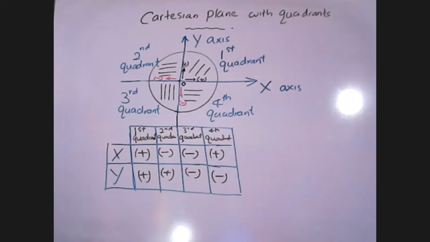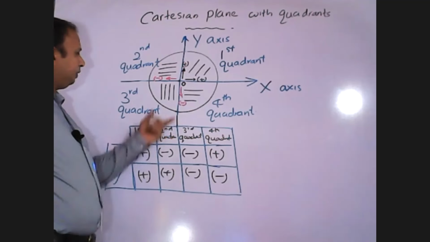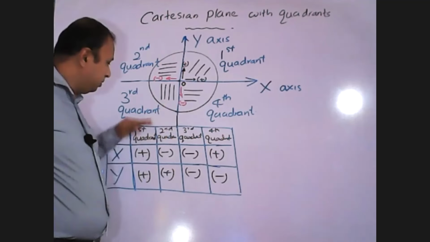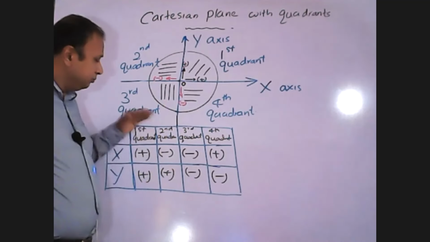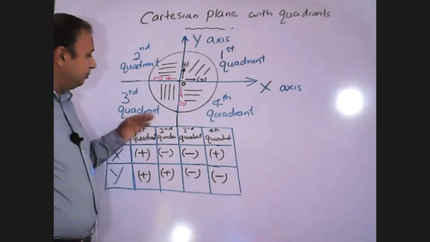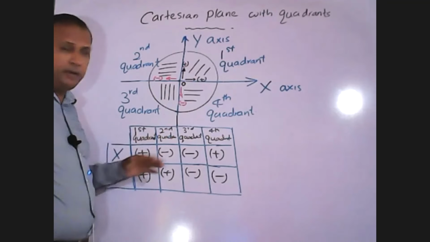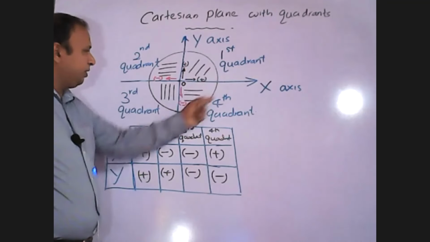You can draw the first diagram. Don't write the table. Don't copy paste the table. Draw this image.